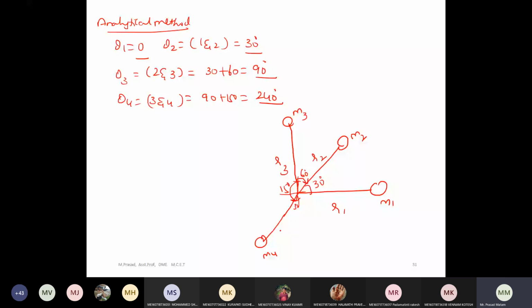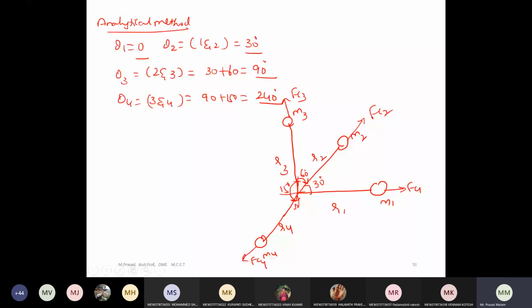Now we got all the positions of the angles: between 1 and 2, 30; 2 and 3, 60; 3 and 4, 150 degrees. Mass 1 gives the centrifugal force Fc1, mass 2 gives centrifugal force Fc2, third mass gives centrifugal force Fc3, and fourth mass gives Fc4.